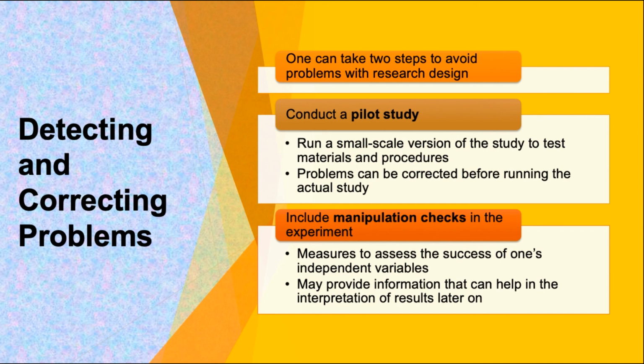Like manipulation checks, these measures help you to interpret your results and establish the generality of your data. If you find that participants perceived your experiment as you intended, you are in a better position to argue that your results are valid and perhaps apply beyond the laboratory.